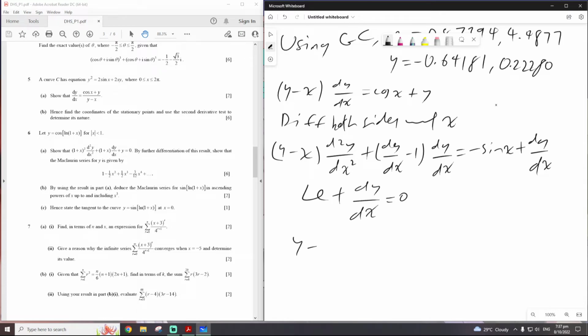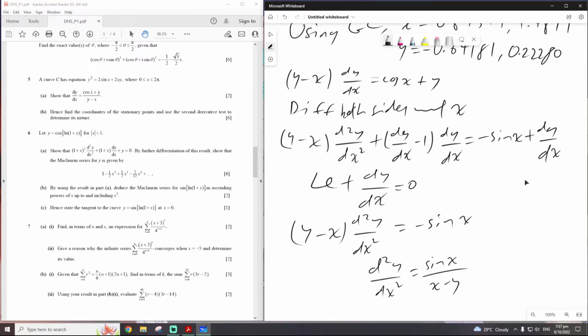Then we will get (y − x) d²y/dx² equals negative sin x. So in such a case, d²y/dx² is sin x divided by (x − y). Then you can go ahead and sub in the values.